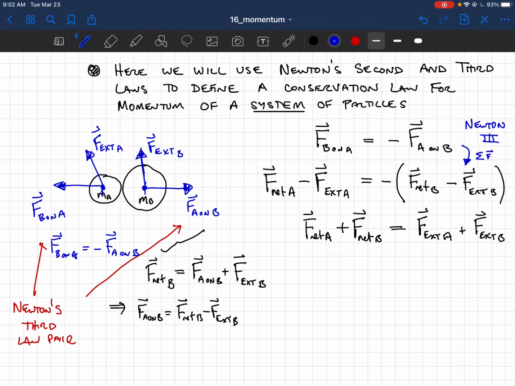So I'm just saying sum of the forces implies that the interaction force is equal to the net force minus everything else. So this is sum of the forces is equal to interaction plus external. At this point, I'm going to be applying Newton's second law. So now I'm going to apply Newton 2.